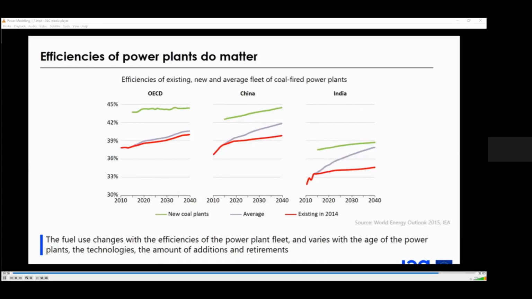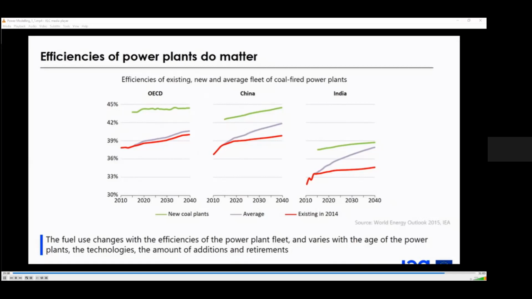So over time, with technical improvements and aging plants out of the park and more efficient new plants coming in, we can see the evolution. In the OECD region, this evolution is really minimal.